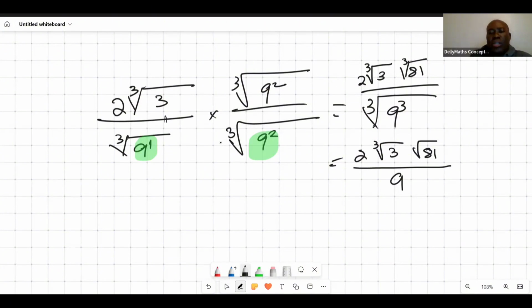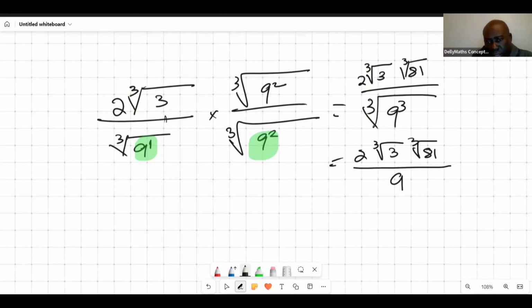This is okay as an answer if I want, or I could multiply quickly the 3 times the 81 and then get a final response. 3 times 81 is about 243, I believe.